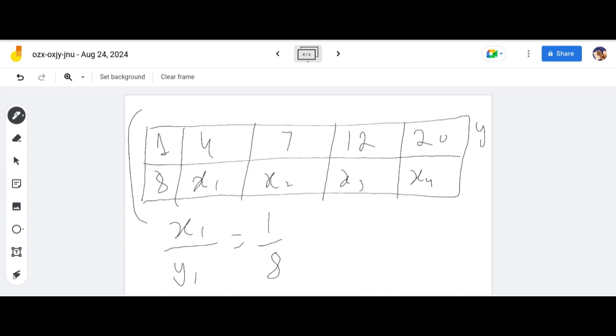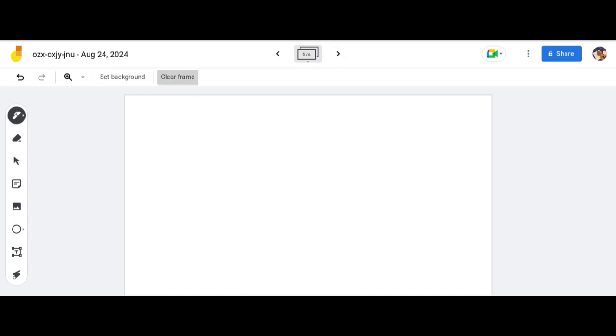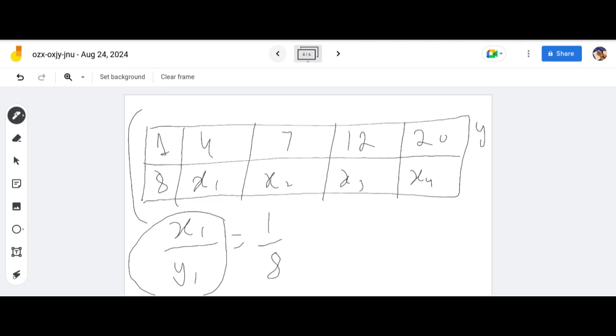Now I have to put the values. What do I put here, x1 and y1? Do I have the value of x1? No. So I will use x1 the same, because I have to find x1. What is the value of y1? Y1 is 4, in the second part.